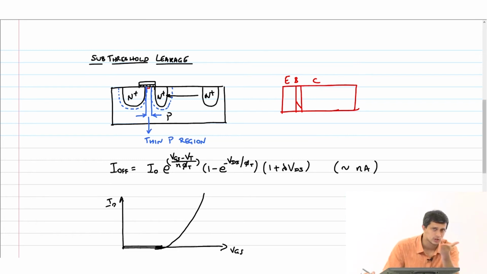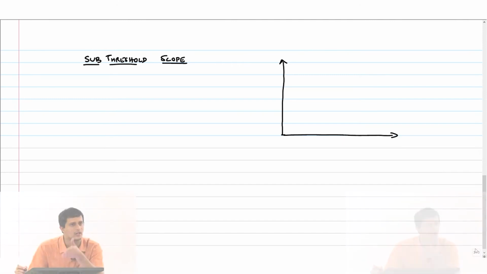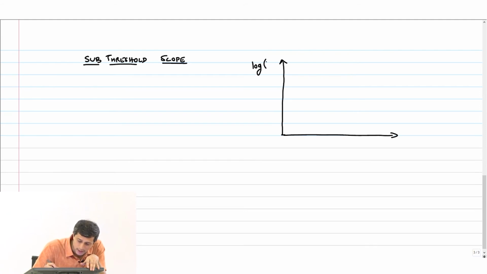But obviously everything you calculated so far appears in microamps if you are talking of on current, linear current, saturation, it doesn't matter, right? Basically there is a 3 orders of magnitude difference between on current and off current. Therefore I cannot plot my I off on the linear scale and hope to analyze subthreshold leakage, right? Therefore, what do you do? You plot log of ID versus VGS.